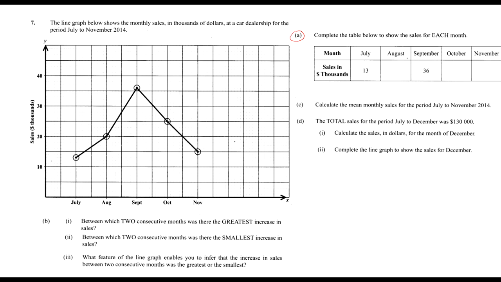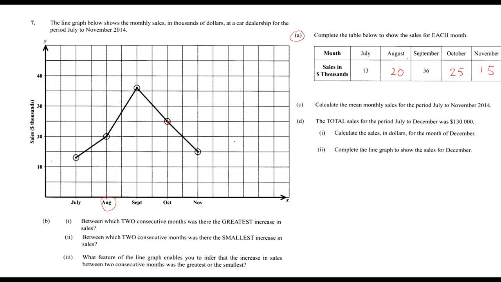So in August, this is August here, the sales would have been 20,000, right? So this would be 20. In October, what is it in October? It is here, so that is 25. And in November, it is 15.